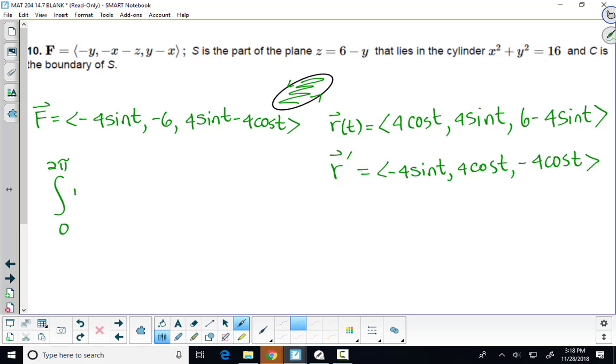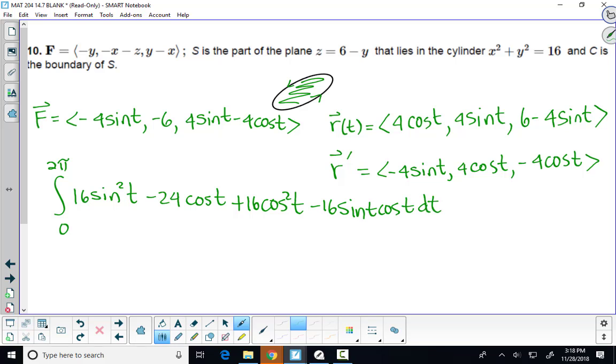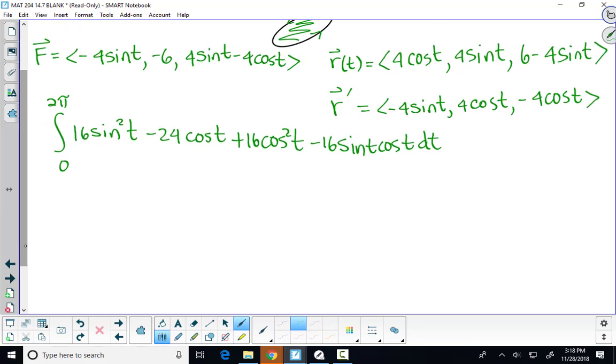So we get 16 sine squared T plus negative 24 cosine of T plus 16 cosine squared T minus 16 sine T cosine T, dt.